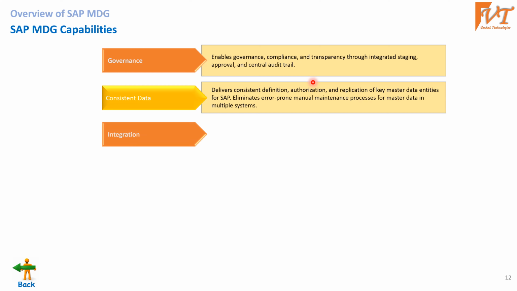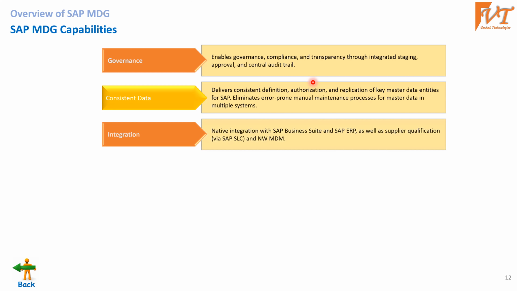And integration. MDG can be integrated with SAP and non-SAP systems. So let's say I am implementing SAP MDG for a client called Reliance. Reliance already has different divisions of their business.